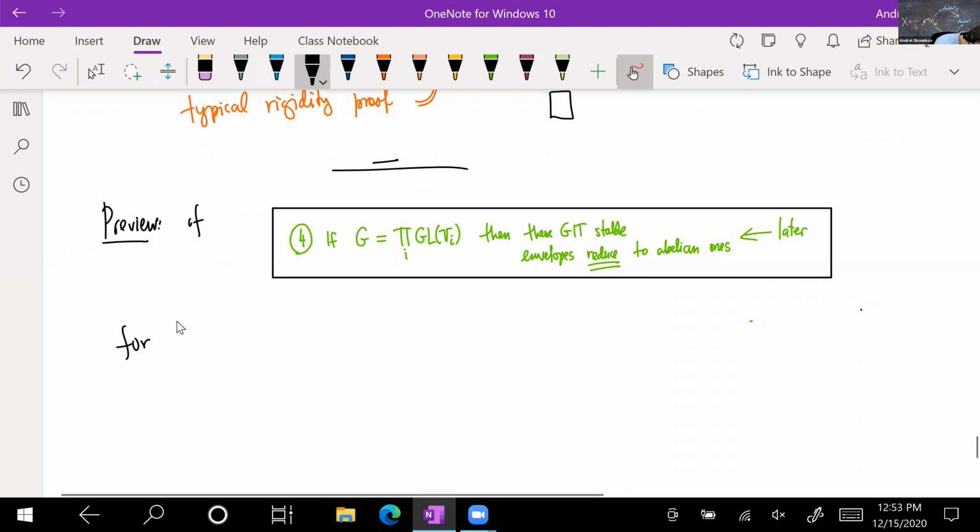Let's just do it for X equals Hilb C^2 n. We need to produce, for a cohomology class alpha, a symmetric function.